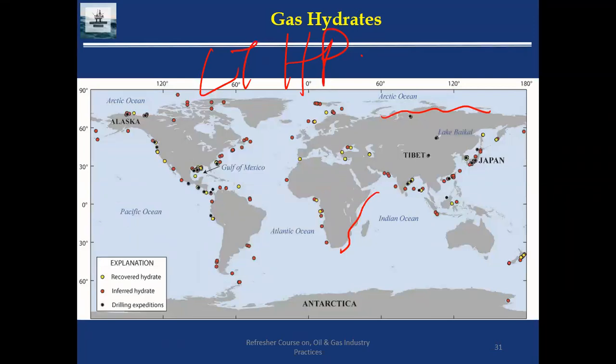Most commonly they exist in the coastal areas, in the shorelines. In these areas the operations are going on according to the color code. You can see whether there are recovery phases, some indications or surveys going on, and where drilling expeditions have already started in order to tap the resources.